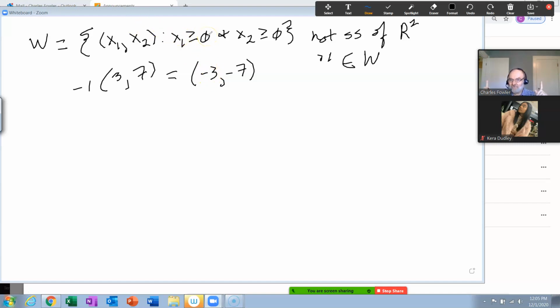And remember, the only two things you have to show are that the addition of your components has to be closed, and this would certainly work. The addition of those would certainly work. 3, 7 plus 4, 18, that would still be positive numbers. But the other condition is that scalar multiplication would work.